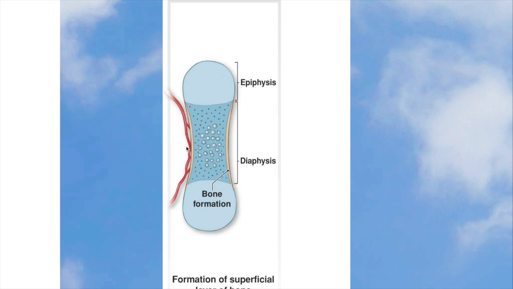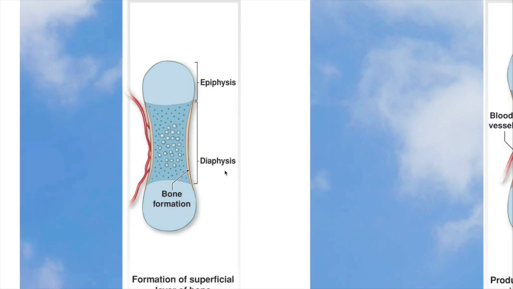Then blood vessels start to grow around the edges of the cartilage, and some of the cells are converted to osteoblasts. And these osteoblasts form a layer of bone around the outside of the cartilage. So the first step is forming this thin layer of bone around the outside of the cartilage.